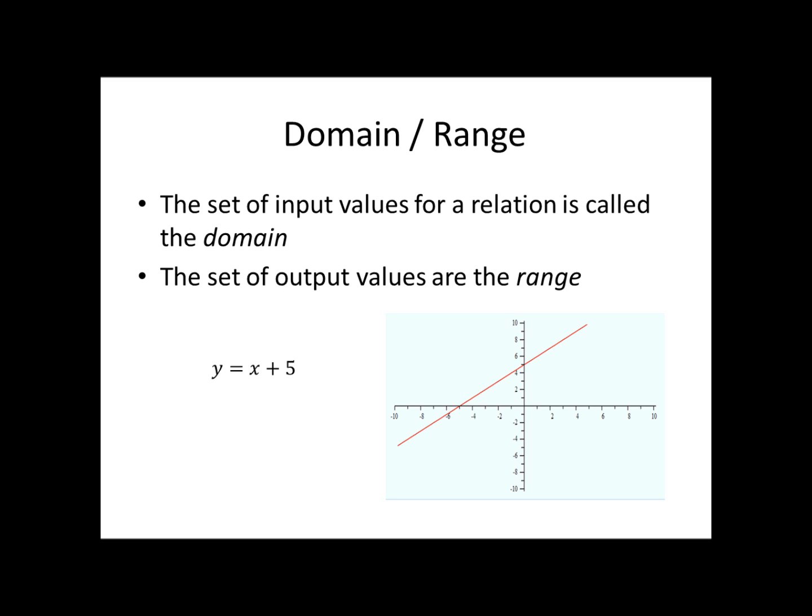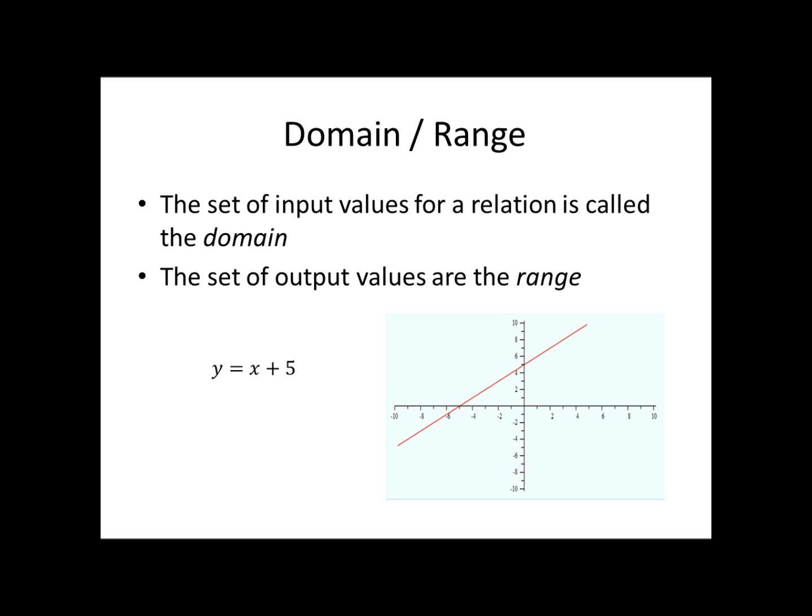The range, the output, are the numbers that I get out of the equation, or in the graph, my range is the y values for the graph. This graph starts way down at the bottom at about -5. It goes all the way up to 10, but it keeps on going up from there.